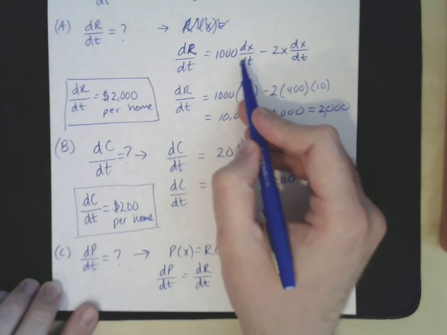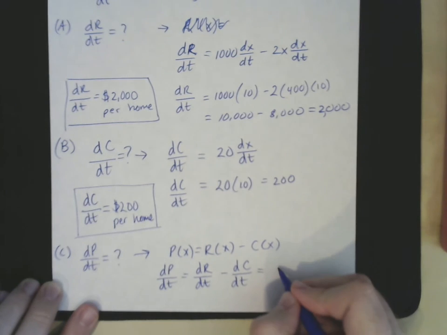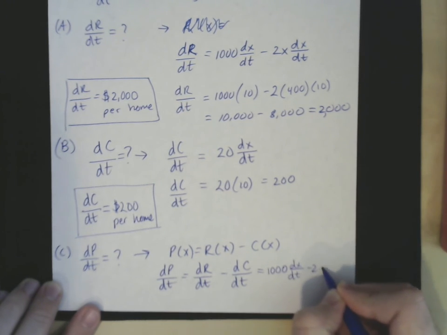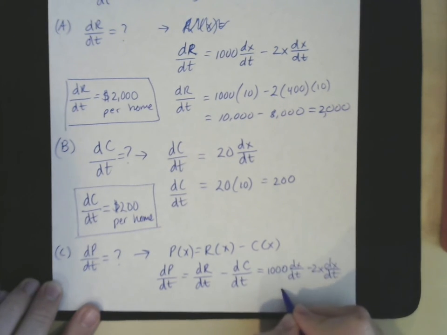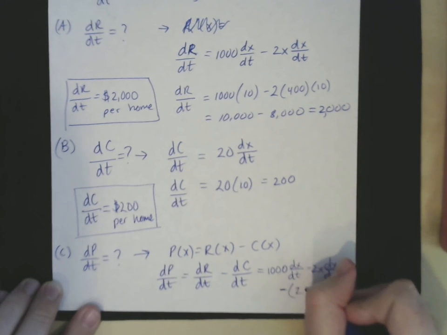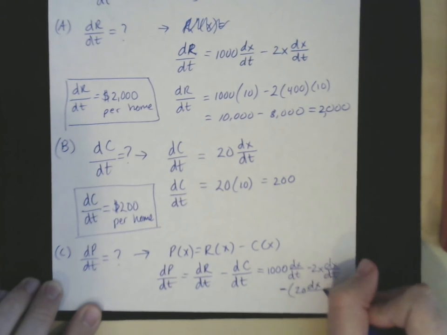That was 1000 dx dt minus 2x dx dt, and then minus dc dt, which was 20 dx dt.